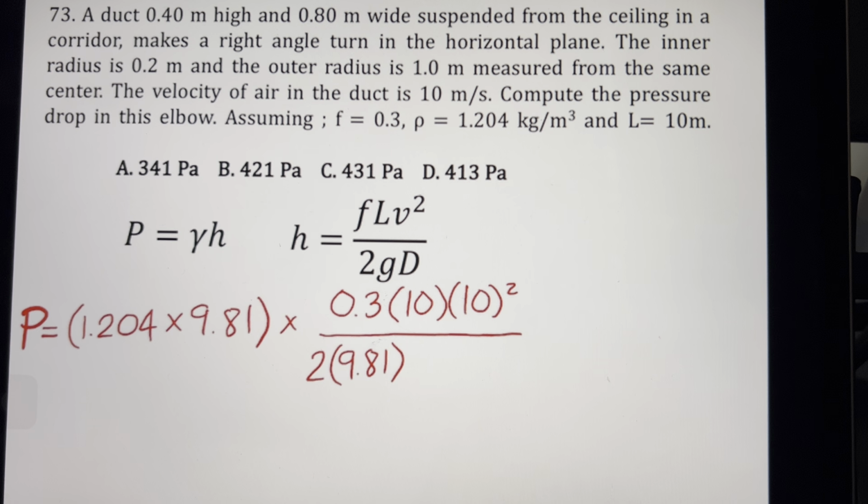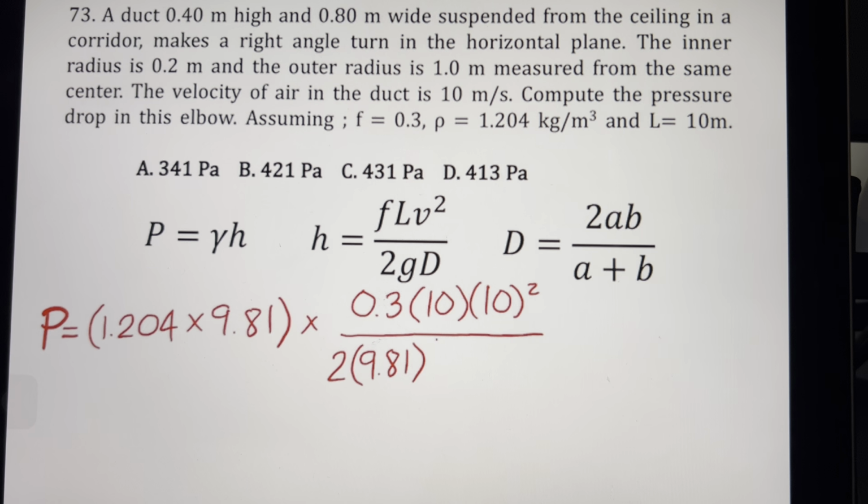And the equivalent diameter of a rectangle is equivalent to 2ab over a plus b, where a and b are the two dimensions of our rectangle. So using that formula, this is equivalent to 2 times, then a is 0.40 and b as 0.80, all over a plus b.